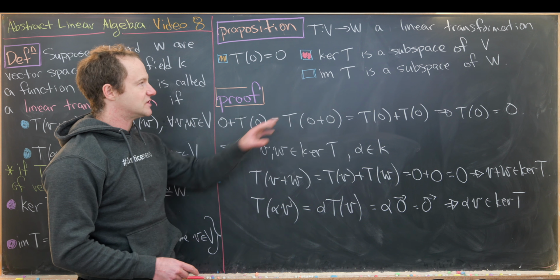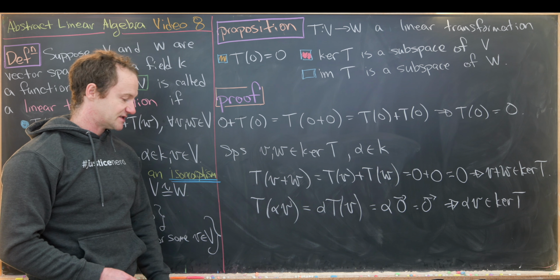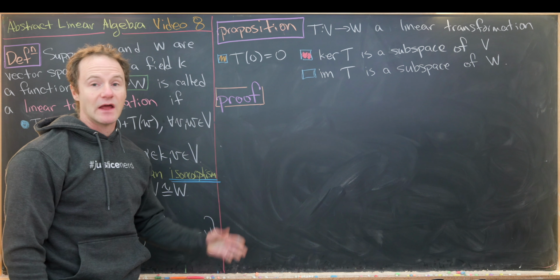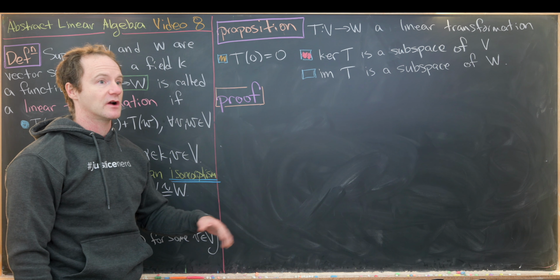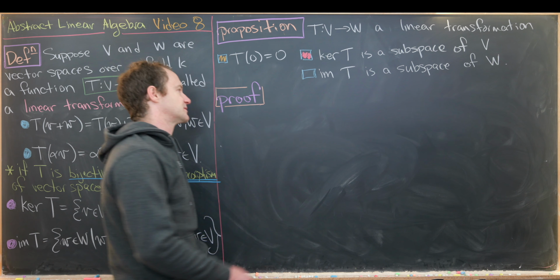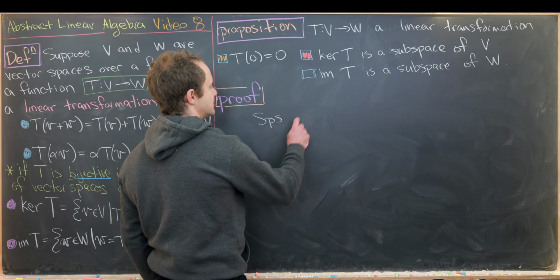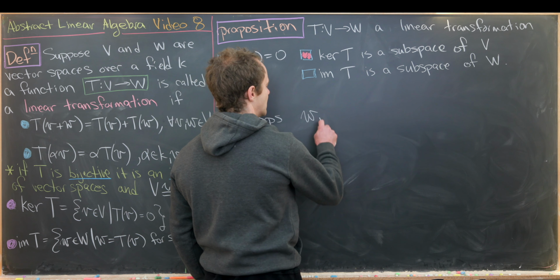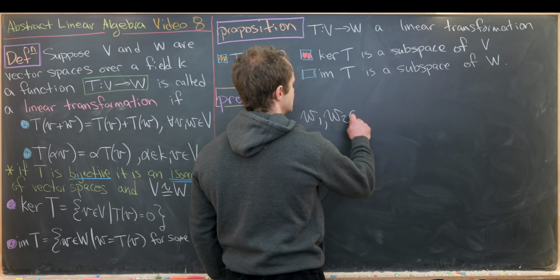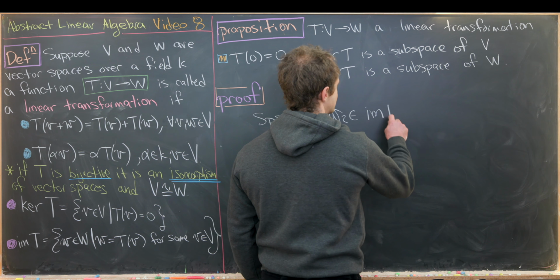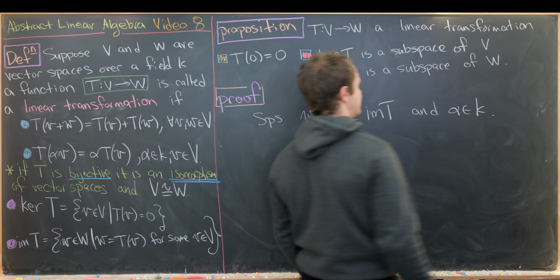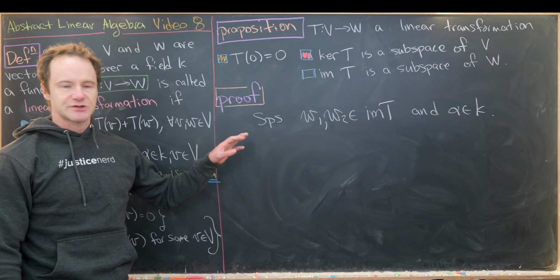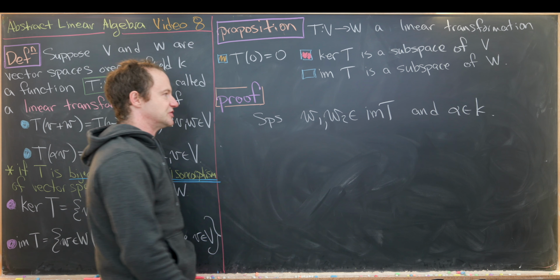So all that we need to do now is show that the image is a subspace of W. And we'll do that again by showing that the image is closed under vector addition and scalar multiplication. So let's go ahead and suppose, in this case, I'll call them w1 and w2, are in the image of T, and alpha is from the field K. Let's recall, what does it mean to be in the image of T?